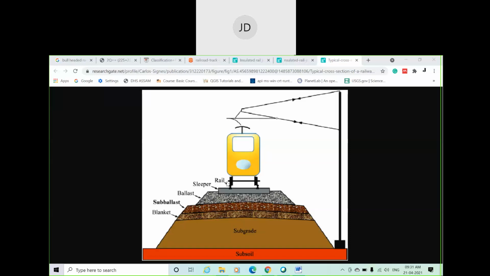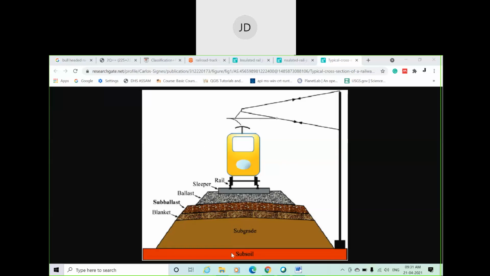The main idea is to transfer the load. Why are so many things placed one above another? The main objective is to transfer the load of the train and the passengers into the subsoil.